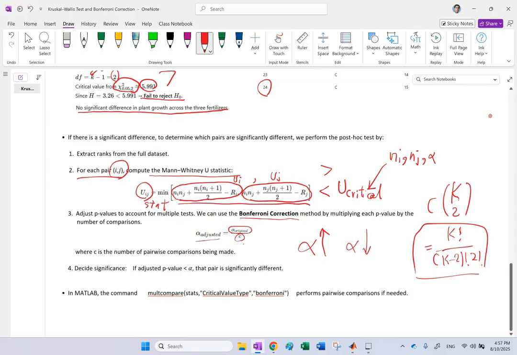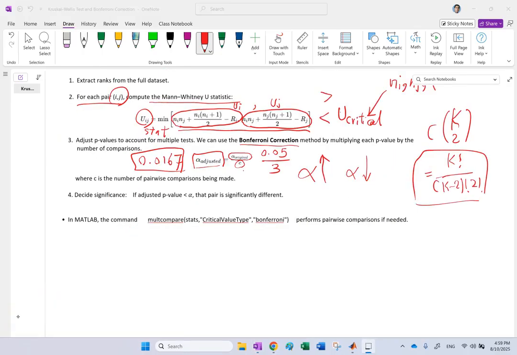In this case, if I have 3 groups, I need 3 pairs. So I need to divide my alpha, which was 0.05, by 3, and use this alpha, which is like 0.0167. I need to use this alpha when I do these U tests. This way, I can control the chance of type 1 error. Good. So this is called the Bonferroni correction, which you do for post hoc test.